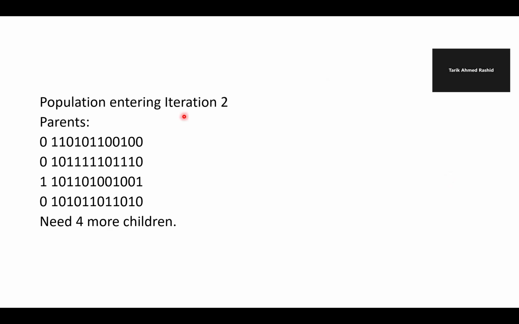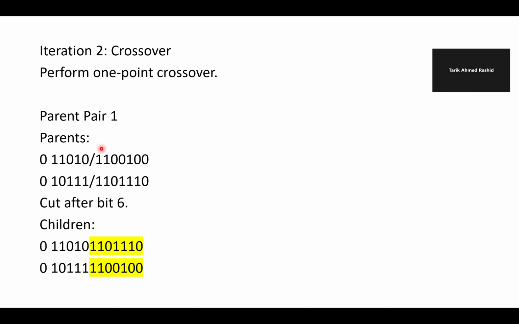Now, for the population entering the second iteration, we have four selected, the best ones, but we need more kids, because we started with eight individuals, eight chromosomes, and now we have only four selected in iteration one. So to do iteration two, we need another four individuals.